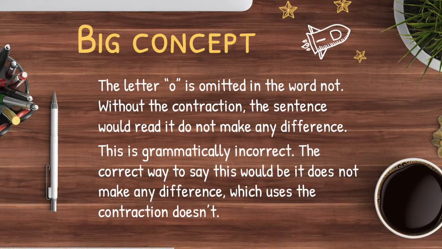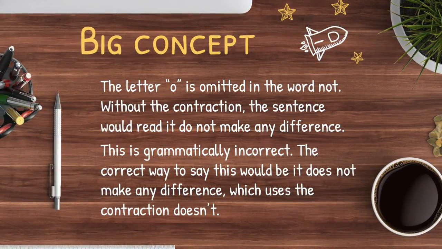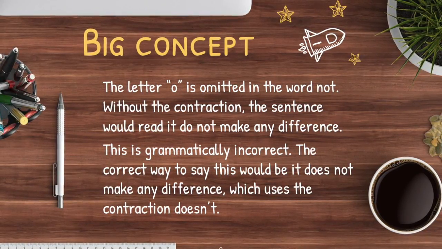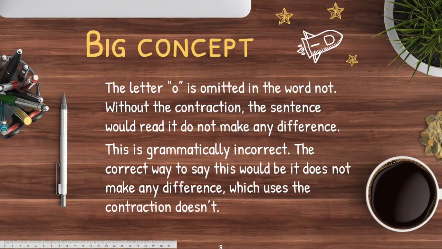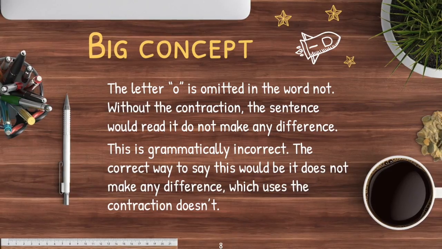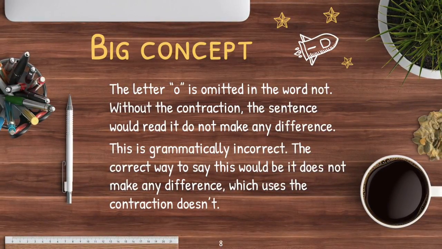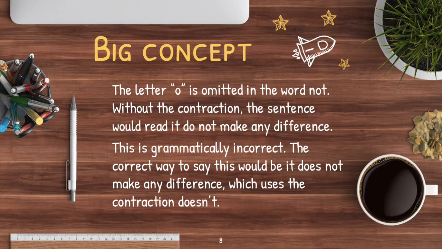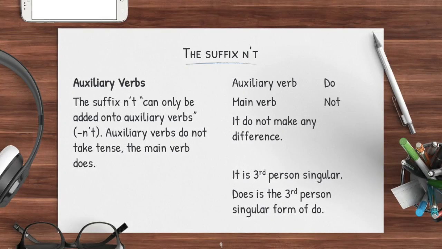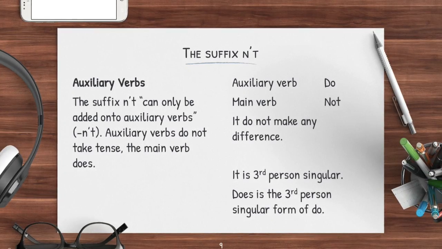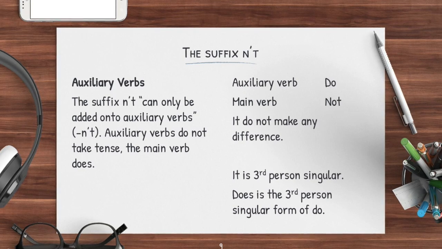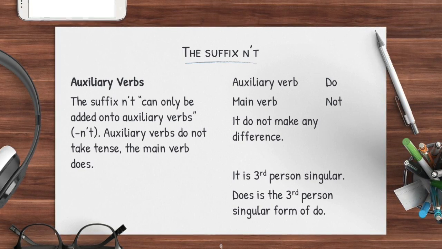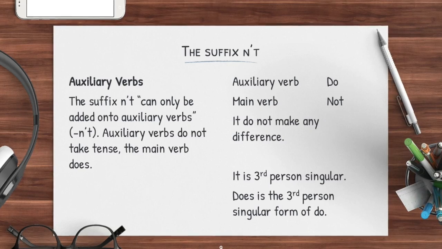If we were to read the sentence without the contraction, it would read, "It do not make any difference," which is not grammatically correct. The correct way to read this would be to say, "It does not make any difference," which is using the contraction doesn't. The suffix n't can only be added onto auxiliary verbs, and auxiliary verbs do not take tense when placed into a verbal phrase.